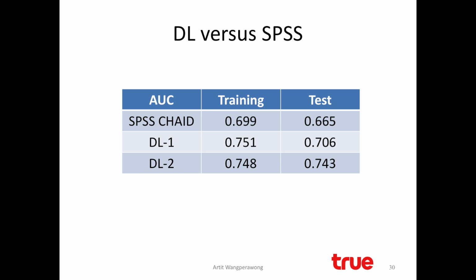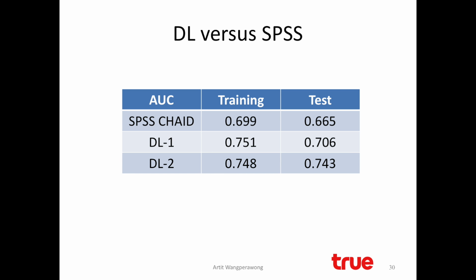So shown here is a chart that compares the AUC, area under the curve, of the training and testing data for the deep learning architecture. DL-1 is in the second row. In the first row is the SPSS CHAID model, which is a simple decision tree model.